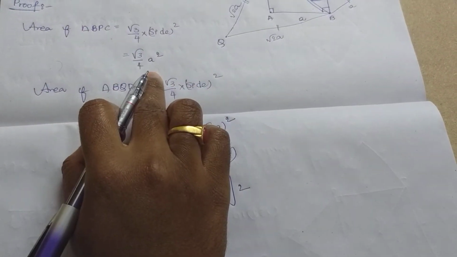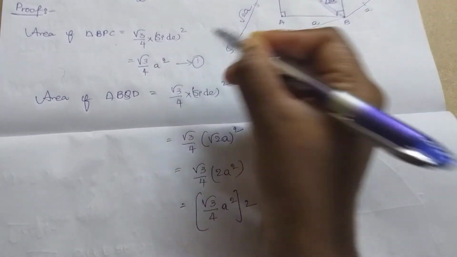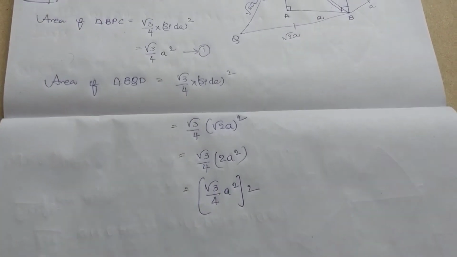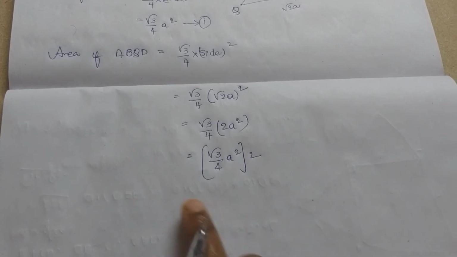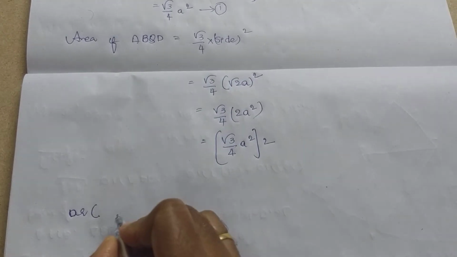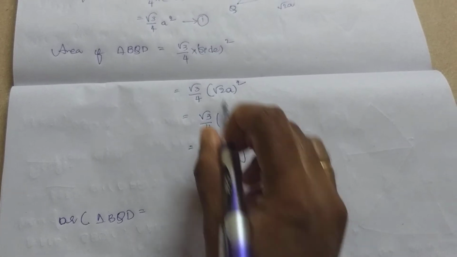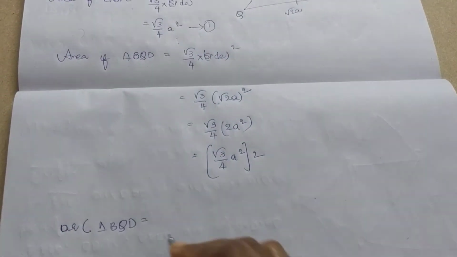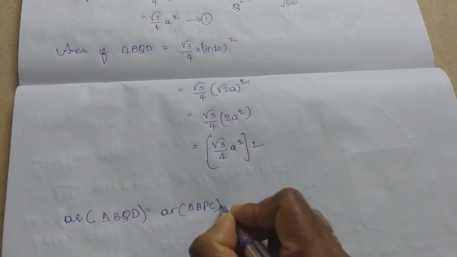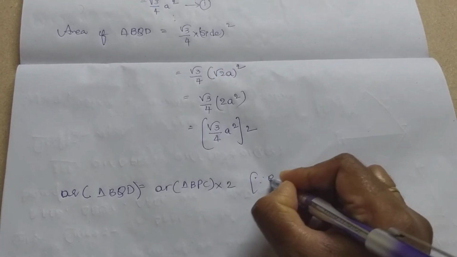Area of triangle BPC equals root 3 by 4 A square, right? I am putting it as equation 1. So in the place of root 3 by 4 A square, can I write area of triangle BPC? Yes, we can. So area of triangle BQD equals, in the place of root 3 by 4 A square, area of triangle BPC, into 2, since equation 1.